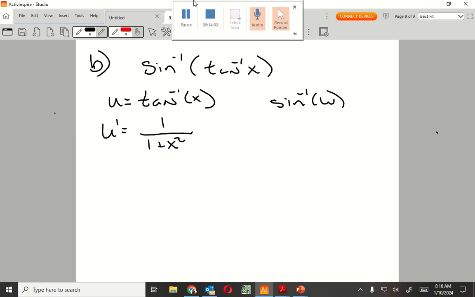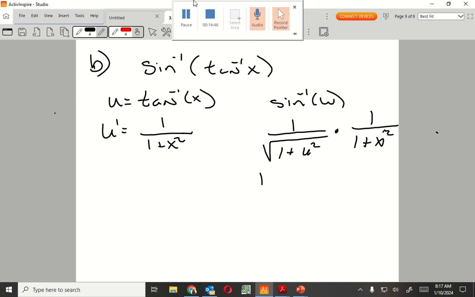That's a u, not a w. And then from here, the derivative of that is going to be 1 over the square root of 1 plus u squared times the derivative, which is 1 over 1 plus x squared.